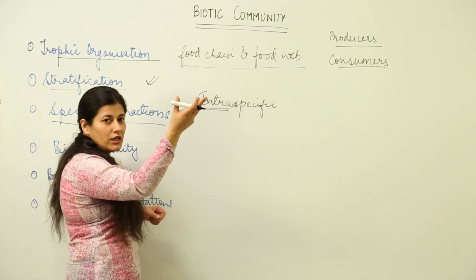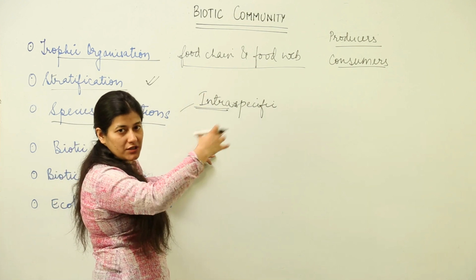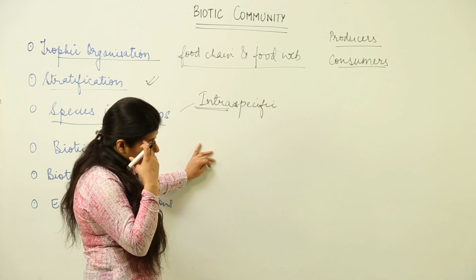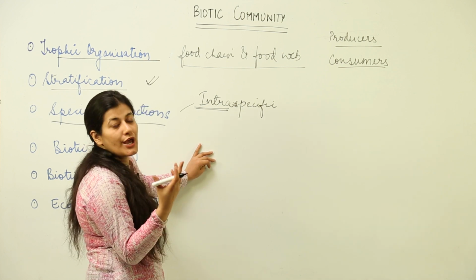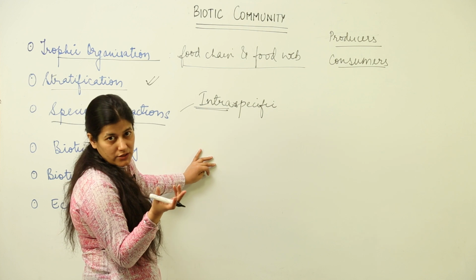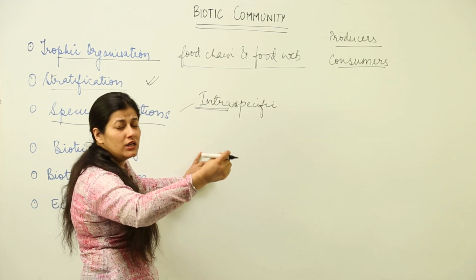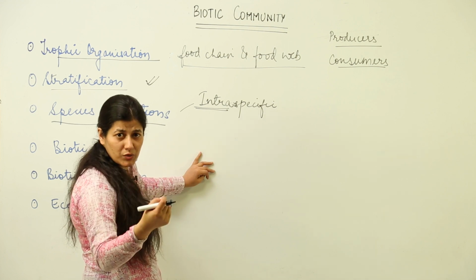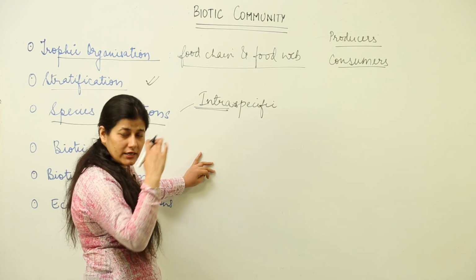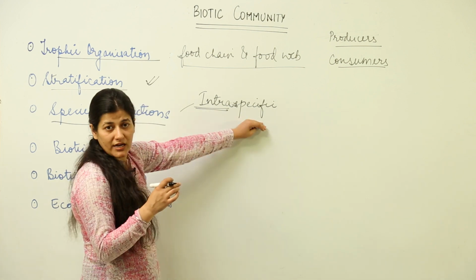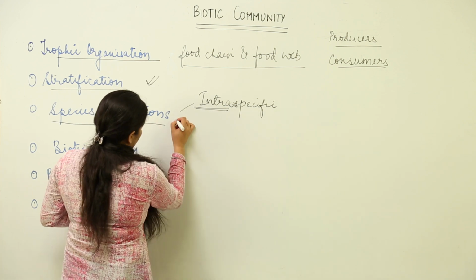If we consider the example of dogs, various breeds of dog would be interacting within themselves. Or suppose you have a forest where wild cats are interacting. So, they all belong to one species. How a lion is interacting with a leopard, or how a leopard is interacting with a cheetah or a tiger in a given ecosystem would be part of intraspecific interaction.